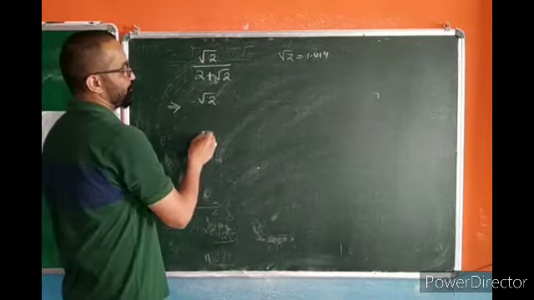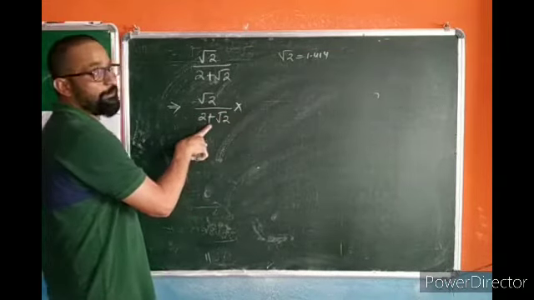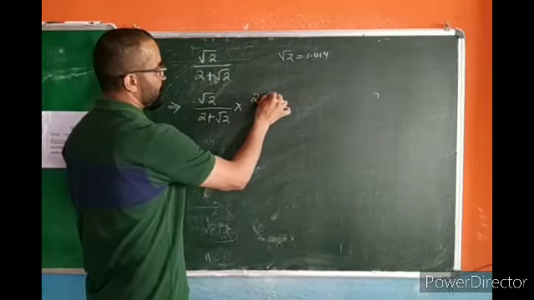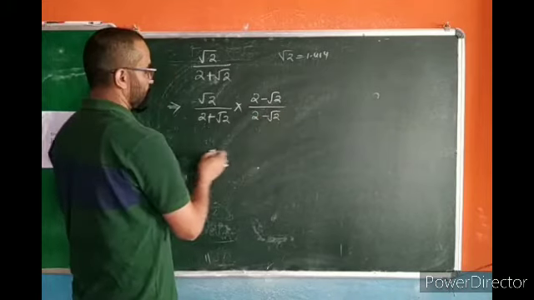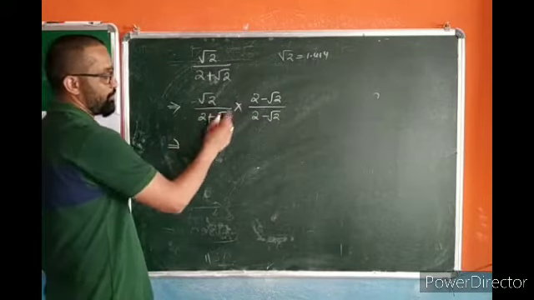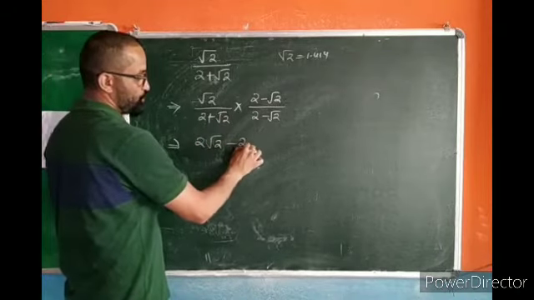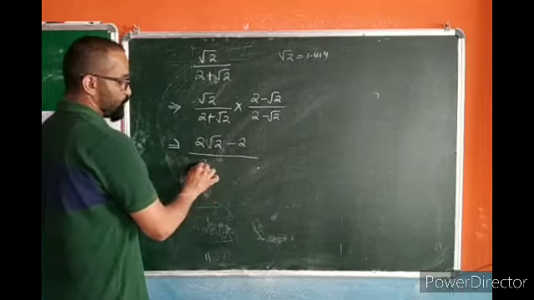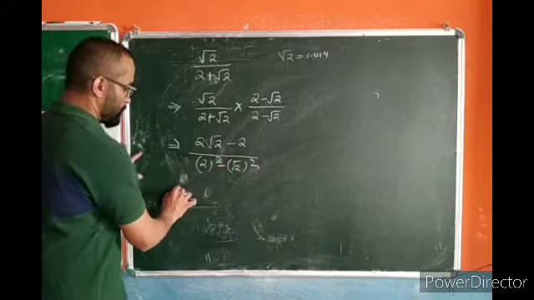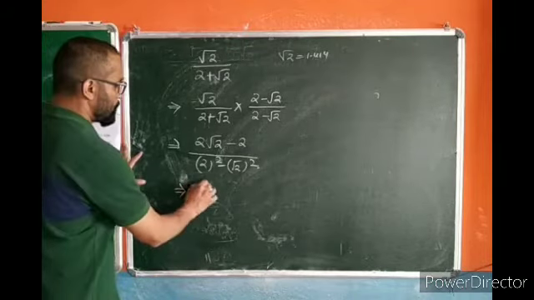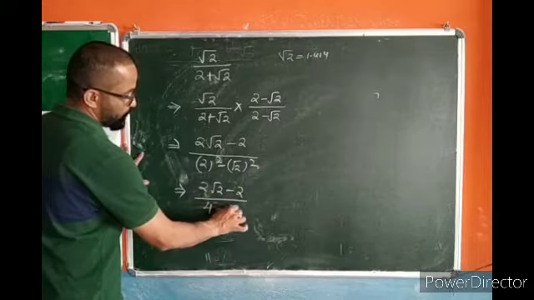It is root 2 divided by 2 plus root 2. The rationalizing factor is 2 minus root 2 divided by 2 minus root 2. The multiplication now: you get 2 root 2 minus root 2 times root 2, which is 2, divided by 2 whole square minus root 2 whole square. So we get here 2 root 2 in the numerator minus 2, and the denominator is 4 minus 2.